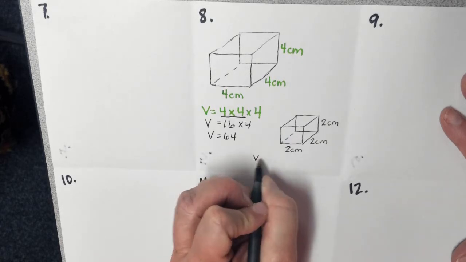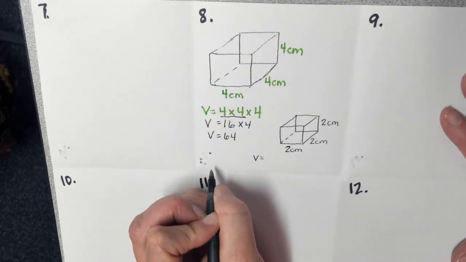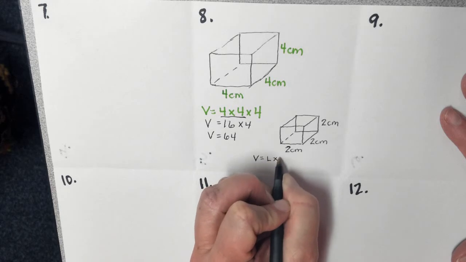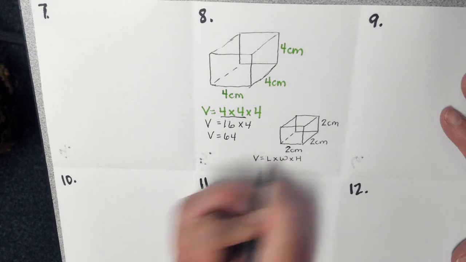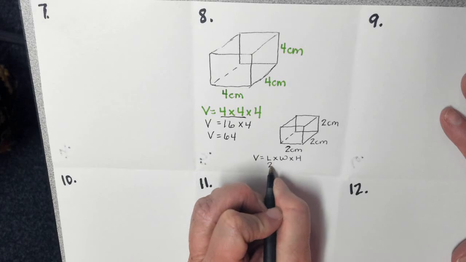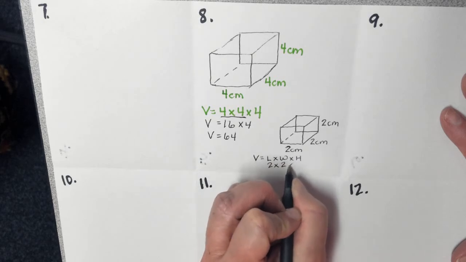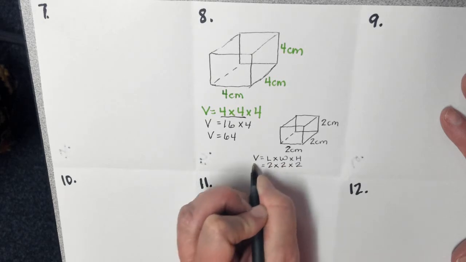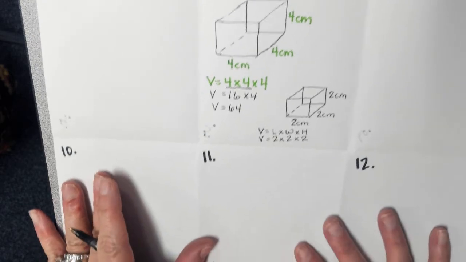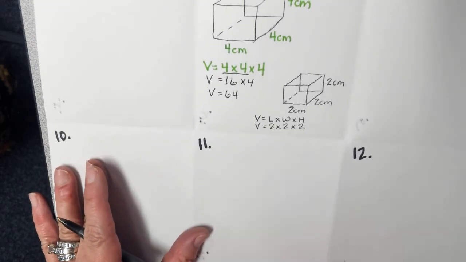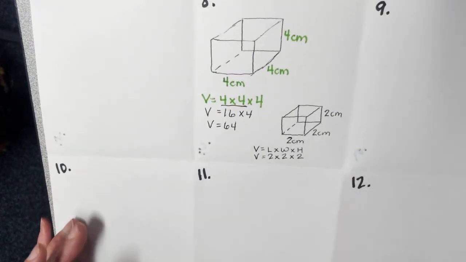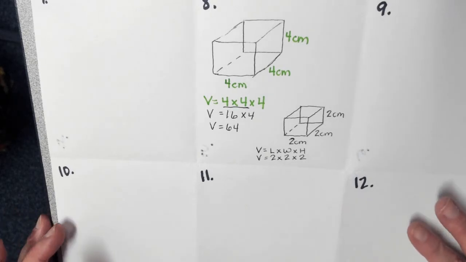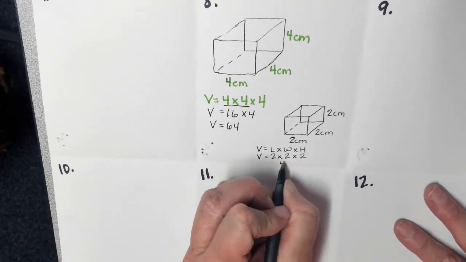So if I wanted to find the volume of this item, I would take the length times the width times the height. And that would mean 2 times 2 times 2 equals the volume. Well, what does 2 times 2 give me? 4.